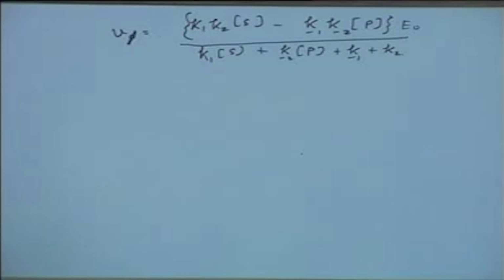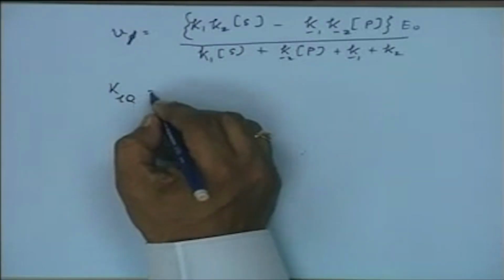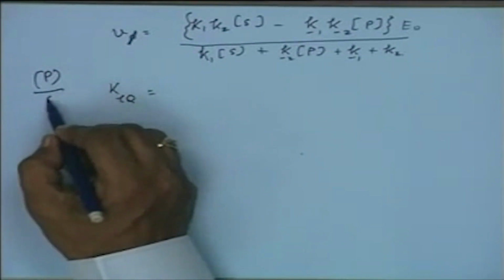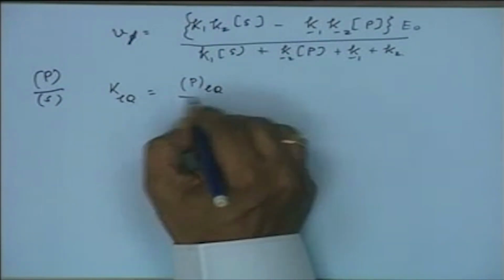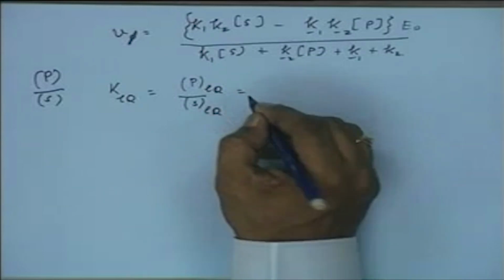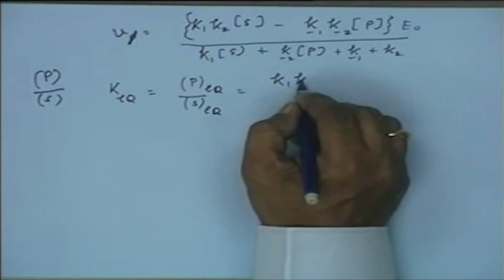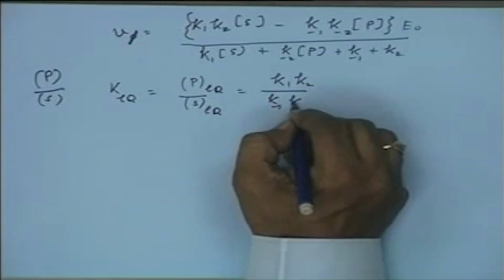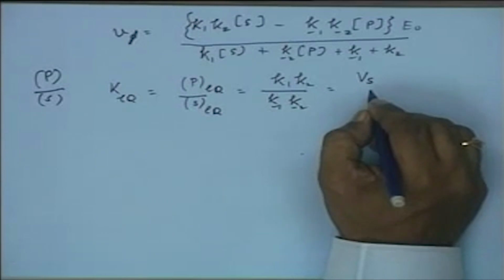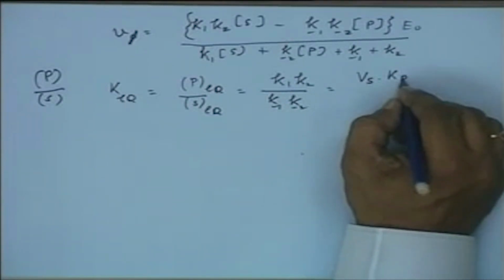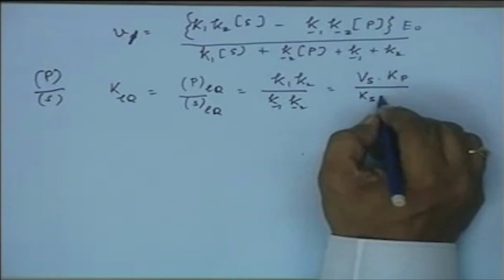The equilibrium constant is the one where the rates of the forward and backward reactions are identical, and the ratio of product to substrate concentration at V equal to 0 will be P at equilibrium upon S at equilibrium, and that can be derived to arrive at K1 K2 upon K minus 1 K minus 2, or in terms of the basic kinetic parameters, the maximum reaction velocity based on substrate into the Michaelis-Menten constant based on product upon Ks into Vp.